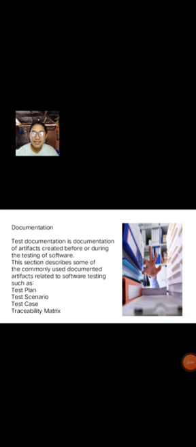Next is the documentation. Test documentation is documentation of artifacts created before or during the testing of software.